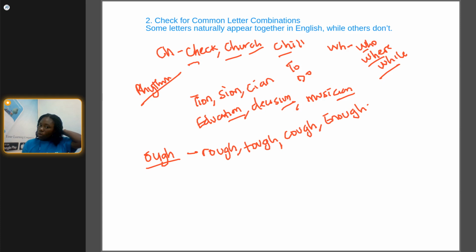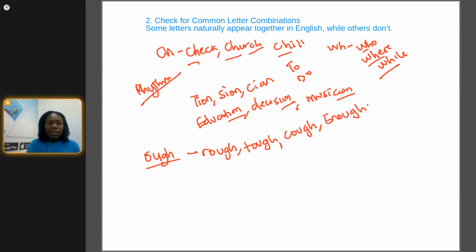So you know that these letters go together. When you see in a spelling, whether it is a very big spelling or the normal spelling that you know, and you see a combination of OUGH, do not rule out that option. Check that option through to be sure that you are choosing the right thing. So letter combinations like OUGH, we can find them.